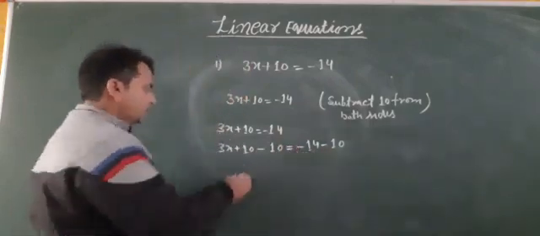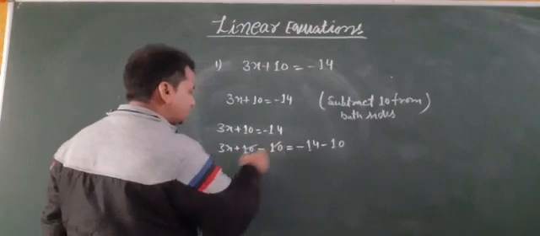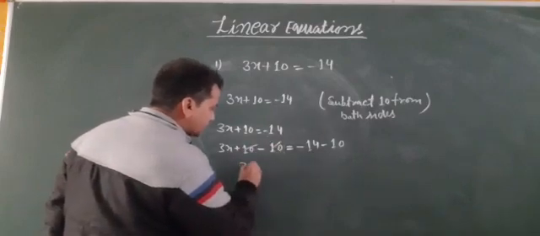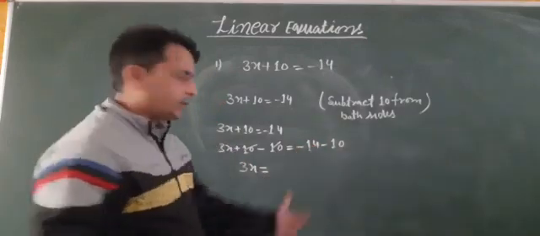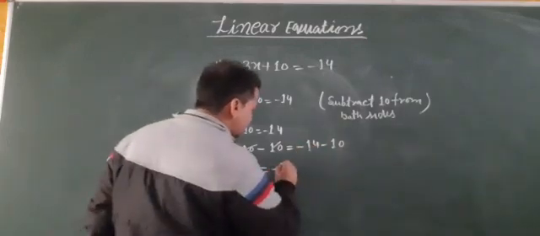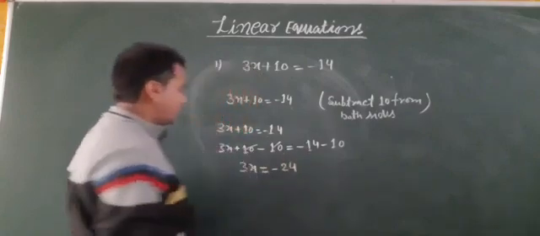Then plus 10 and minus 10, that is 0. Then 3x equal to minus 14 and minus 10, that is minus 24.